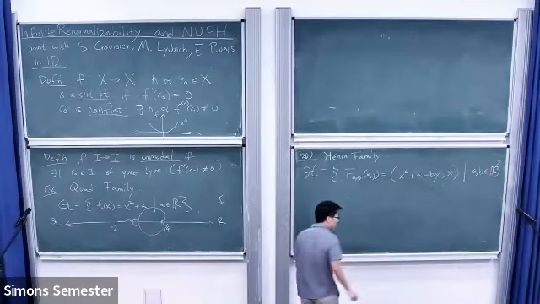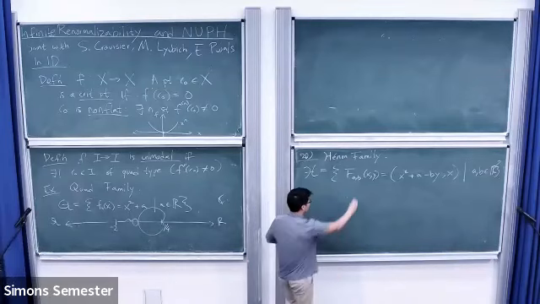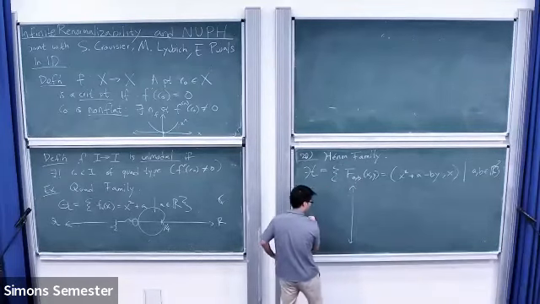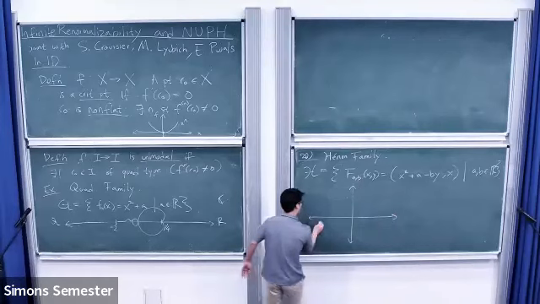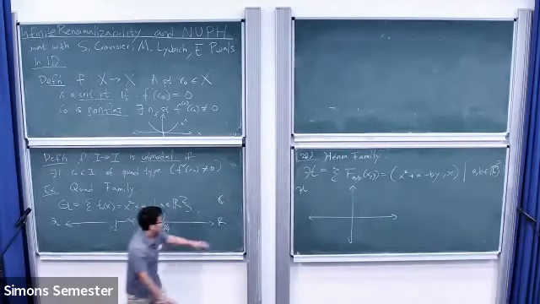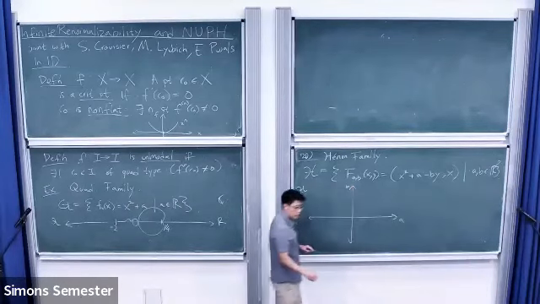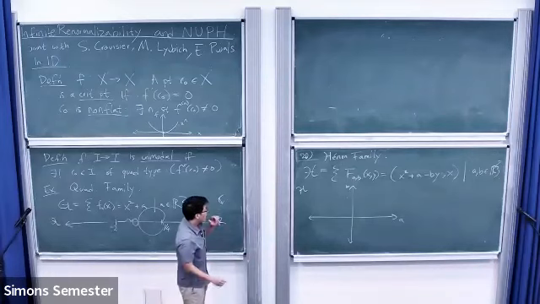The quadratic family with one parameter you can visualize by the real line. This is a two-parameter family, so I like to visualize it by the parameter plane, where the horizontal axis is the A axis and the vertical axis is the B axis.